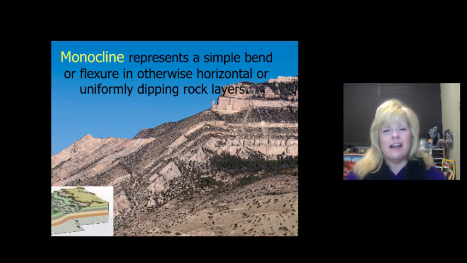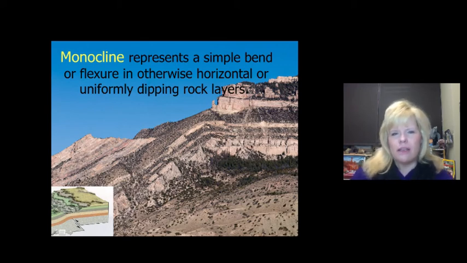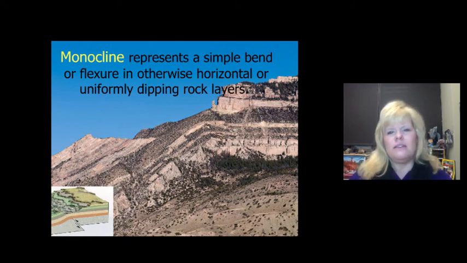The monocline is the easiest to recognize, I think, simply because it bends in just one direction. Mono means one, and it has a bend in one direction like you see right here. One of the most famous monoclines in North America is the Grand Monocline. That is where a big system has folded rocks and even created some faulting in the Grand Canyon.